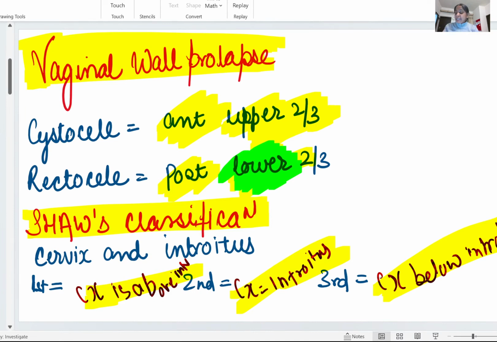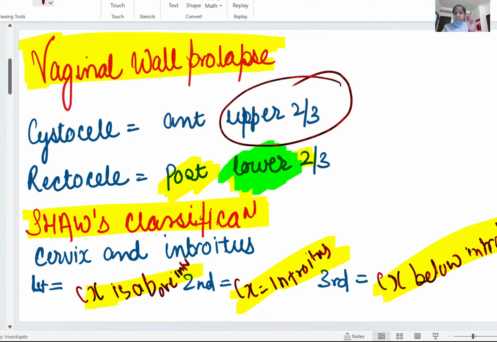When the anterior vaginal wall comes down, it is cystocele, and it is the upper 2/3. You have to remember that when the upper 2/3 comes down, it is cystocele.